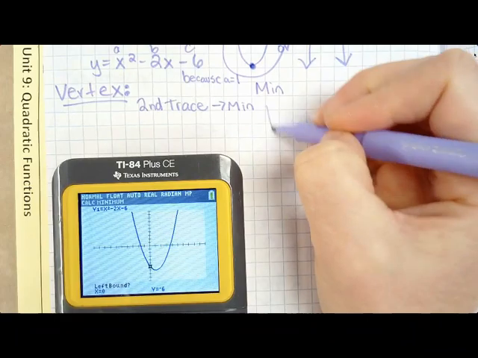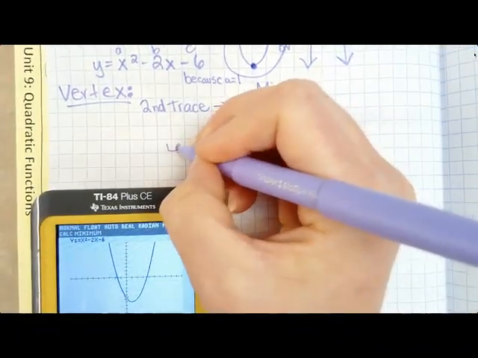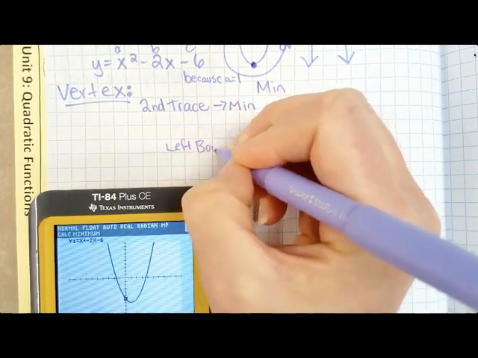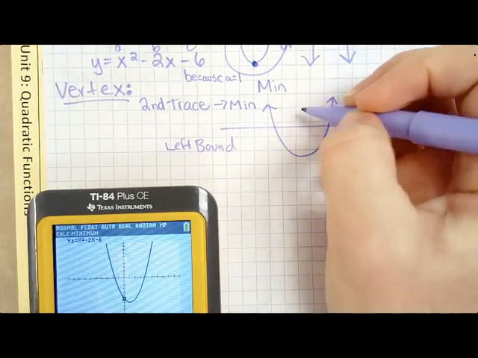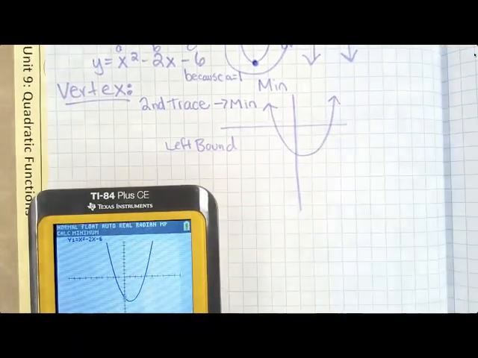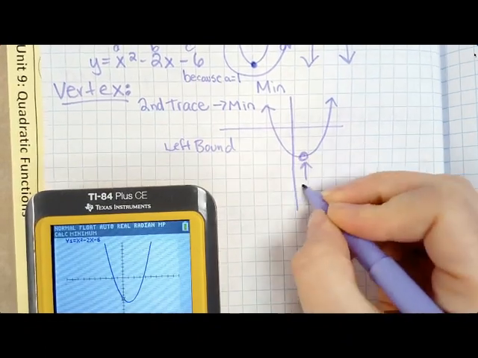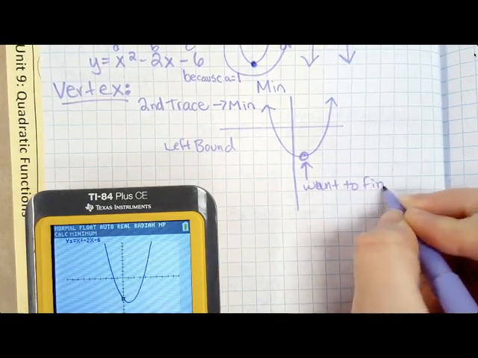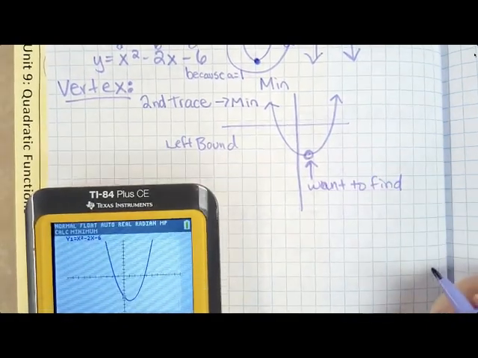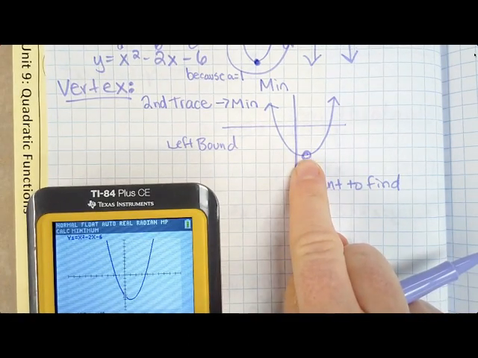Whenever you do that, we have our function, and it's going to ask the question left bound. So we want to find this. That's our vertex. Whenever they're asking for left bound, we need to look at where our vertex is, and we need to go to the left side of it.